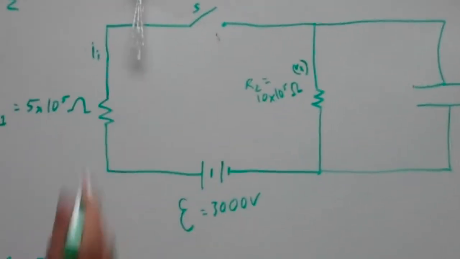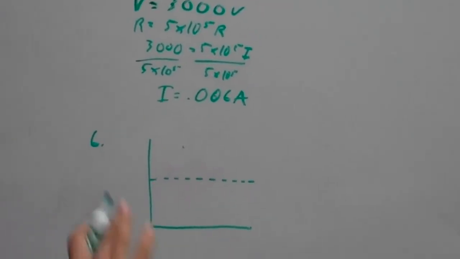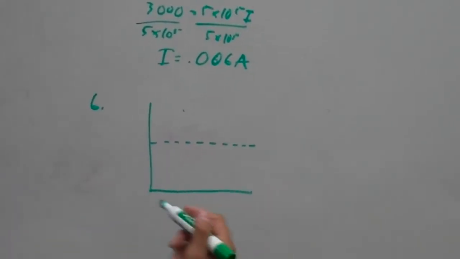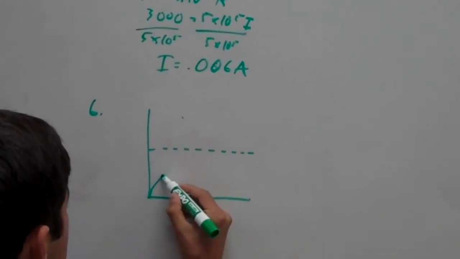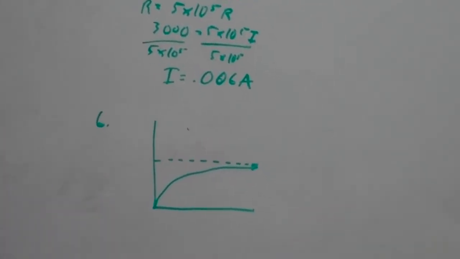When it starts off, there is no potential difference here because the switch is closed. So you're going to start at 0, and as the switch is closed, it's going to grow exponentially until it reaches its asymptote, until it reaches its max. So it's going to look something like this. And it's going to go on forever, as long as the switch is there.